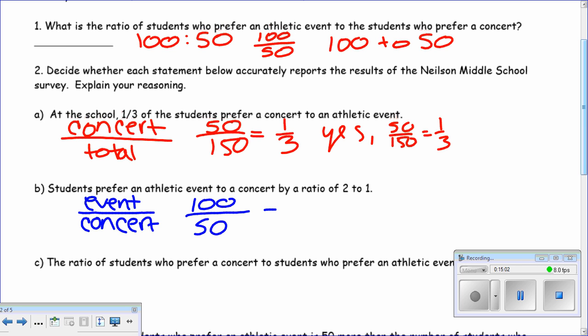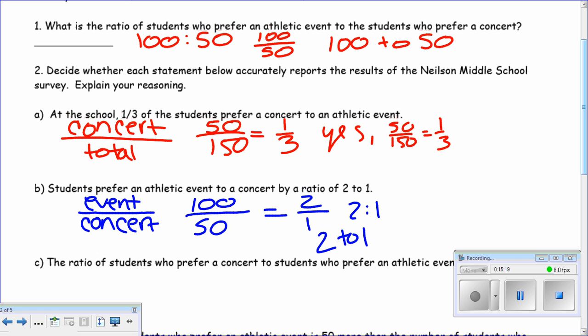If I simplify this, I get 2 over 1, which could be stated as 2 colon 1, which also could be stated like the ratio in the question, 2 to 1.